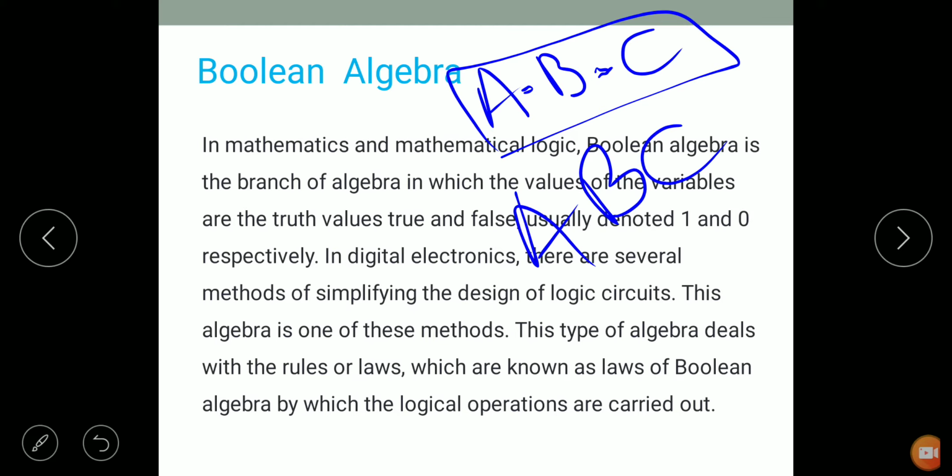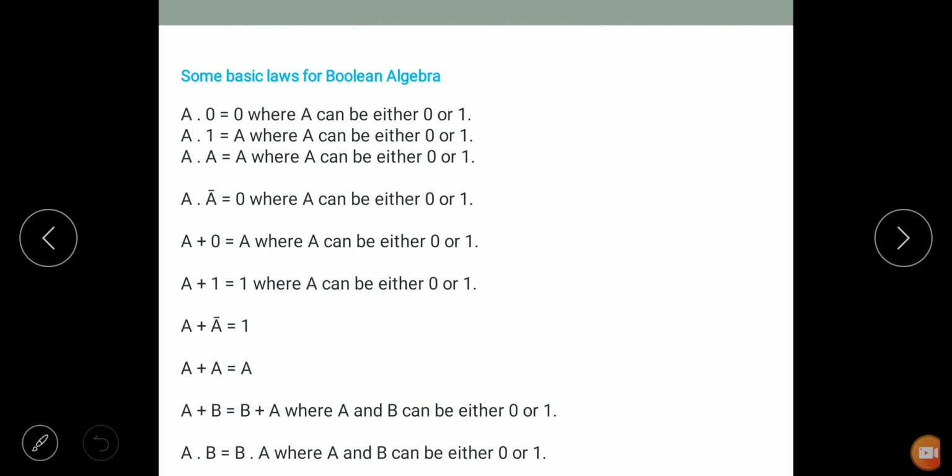Now, what are the Boolean laws used in Boolean algebra? Some basic laws are the commutative law, associative law, distributive law, AND law, OR law, and inversion law.